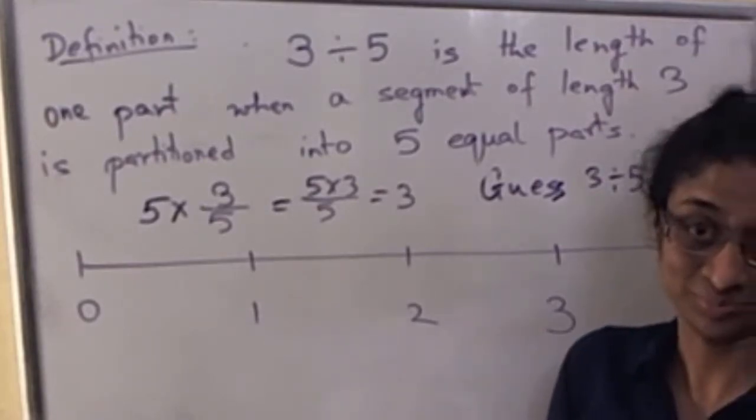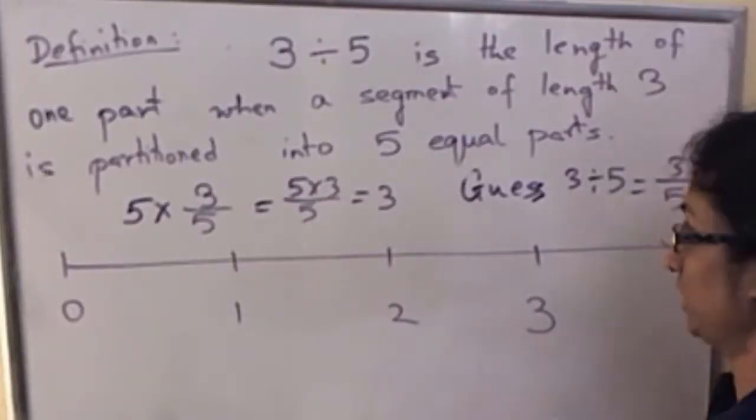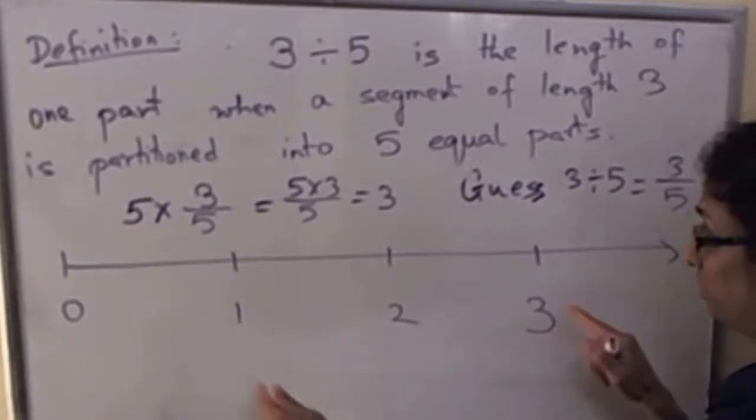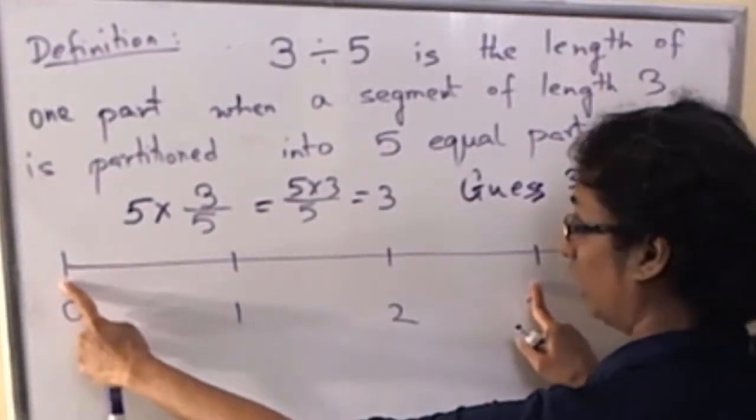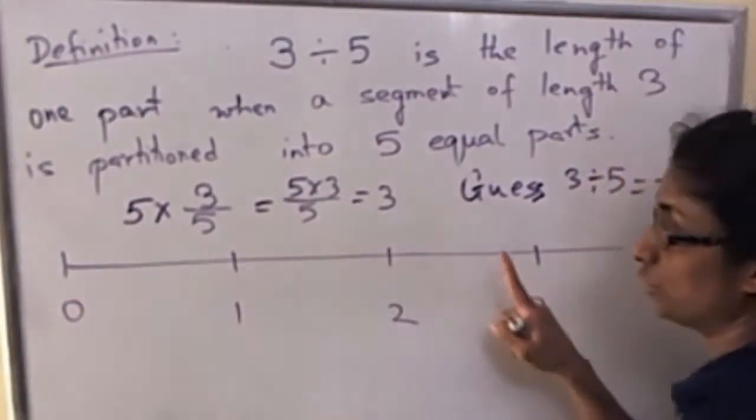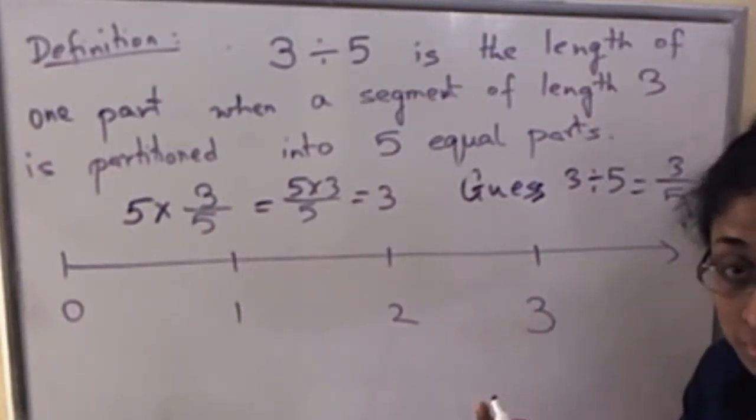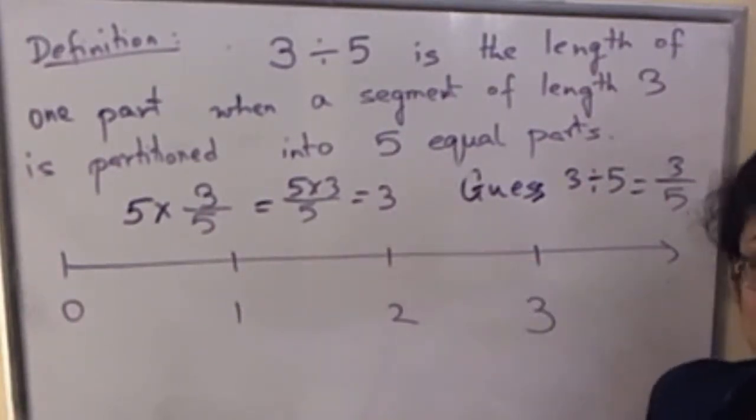Let's do that now. Notice it is kind of a difficult thing to cut up this segment of length 3 into 5 equal parts, especially because 3 is not a multiple of 5.